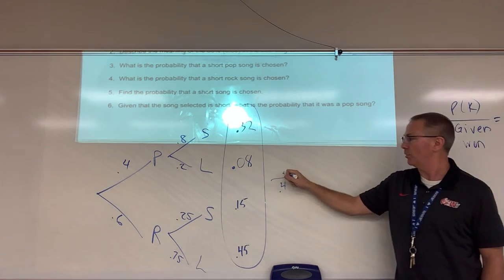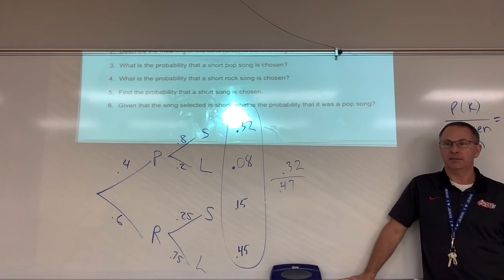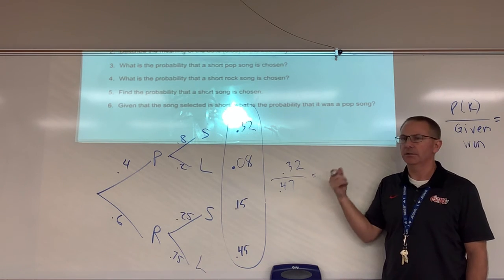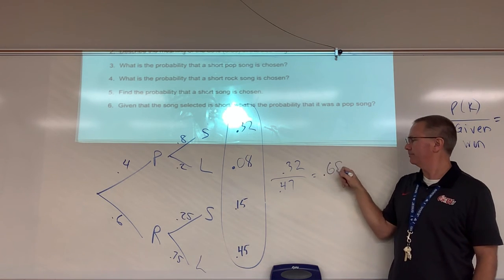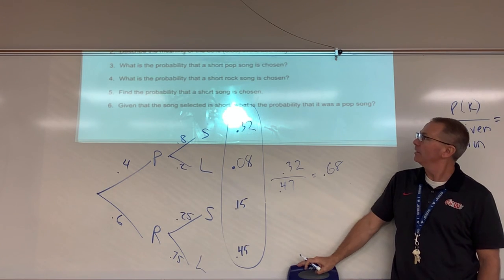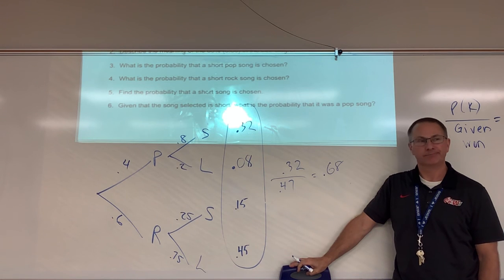Yeah, you put the 0.32 up there. That's what makes it difficult to understand. Remember, the second you see the word given, don't just give me the basic probability. And what is that? Calculator? 0.68. 0.68, that's correct. So you have a 68% chance of listening to a pop song that is short.